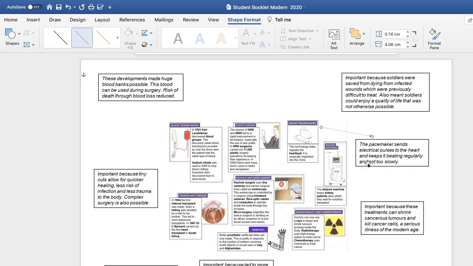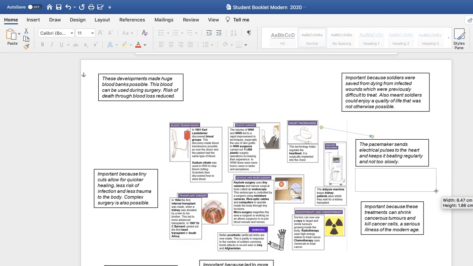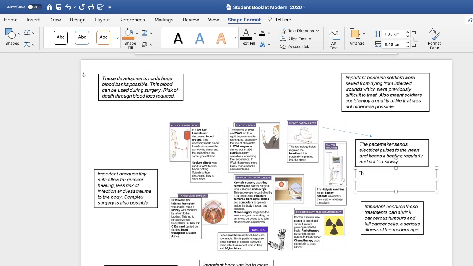So over here it says this pacemaker sends electrical pulses to the heart and keeps it beating regularly and not too slowly. Now I would like you to go even further and then write down what is the impact of that even more. So I would like you to write with the sentence starters next to these boxes, this meant that. So what does that mean for treatments?